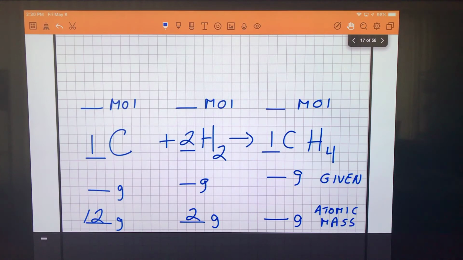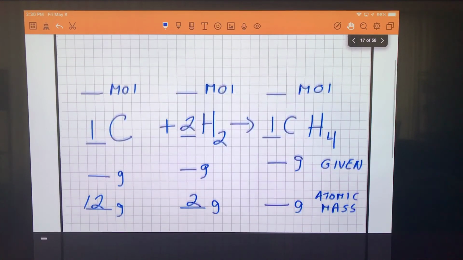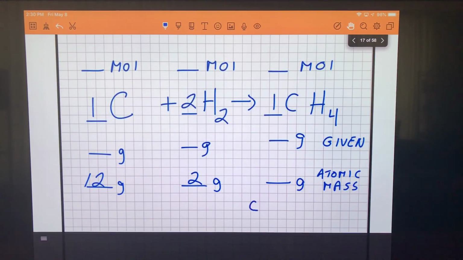And then in this case, I don't add up the 12 and the 2 and get 14. That would not be right. I have to add up the carbon. So the carbon, one of those times 12 is 12. The hydrogen, I have 4 of those times 1 is 4.